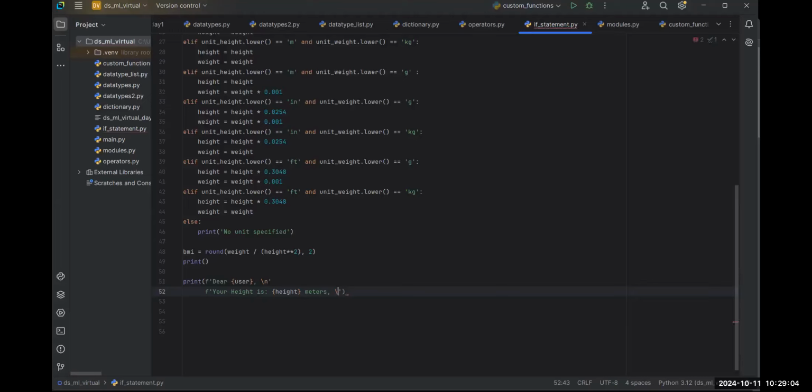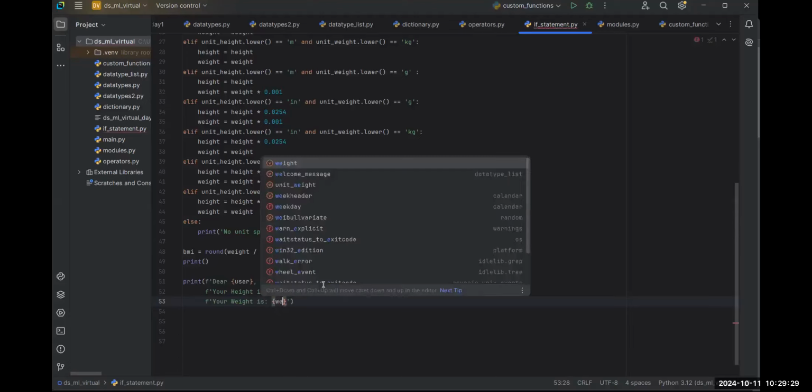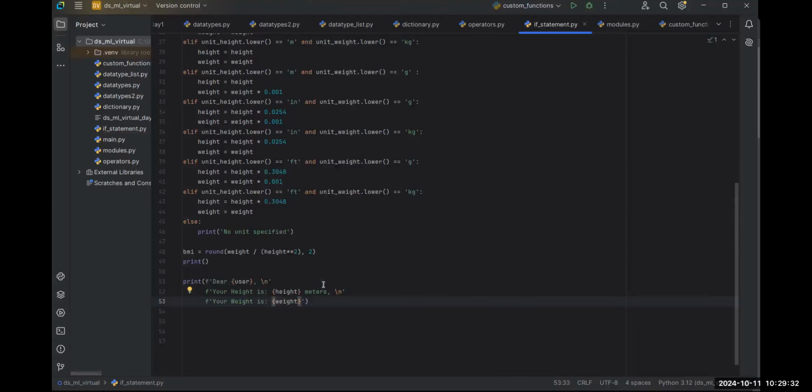Let's give another line break. Your weight is, by bringing in the weight that we've asked them to input. The SI unit we are using for weight is kilograms.